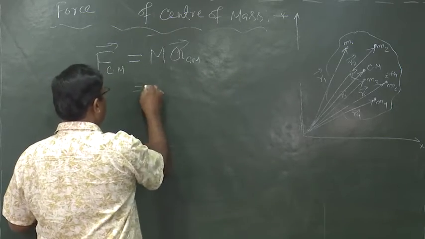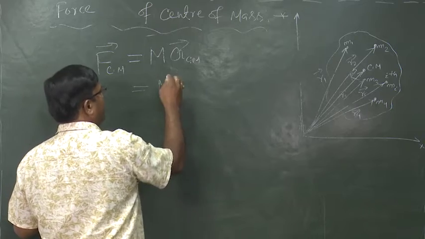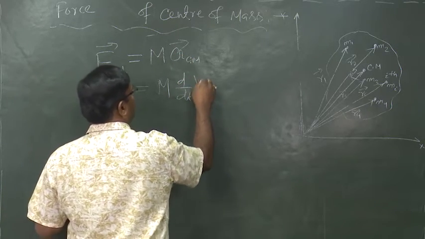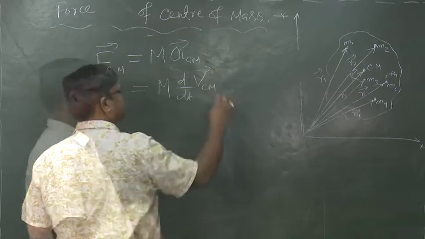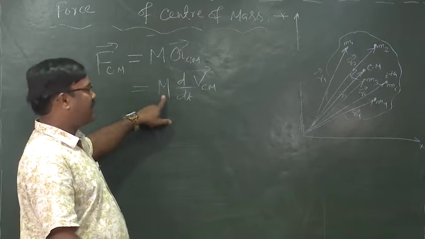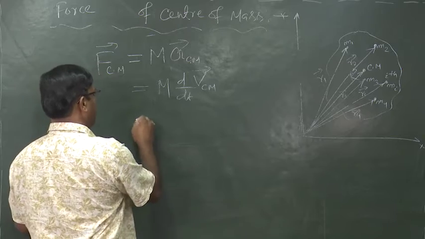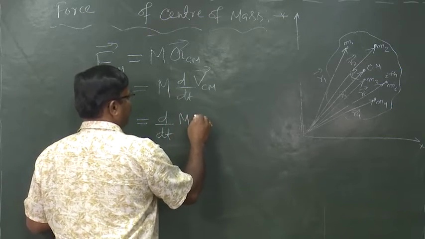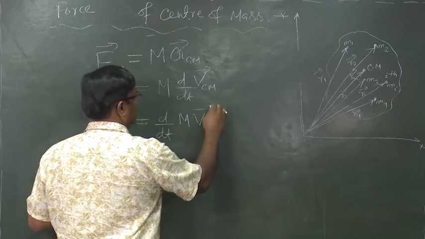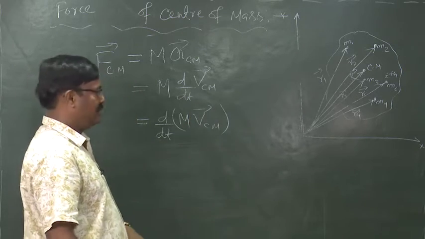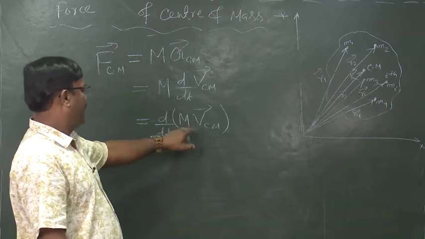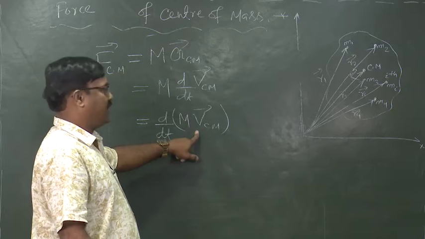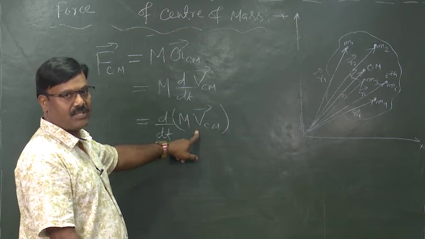Now, this acceleration can be written as d by dt of v center of mass. As mass is constant, we can write this expression as d by dt of M v center of mass. But we have just found that M v center of mass is nothing but the momentum of the center of mass of the system.